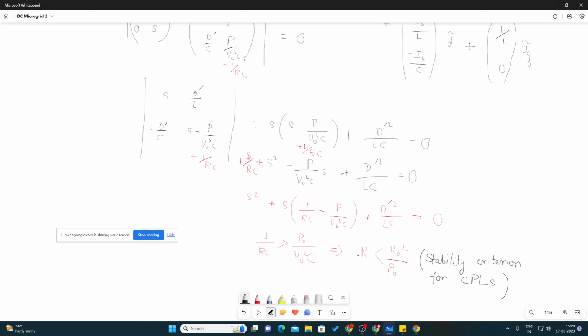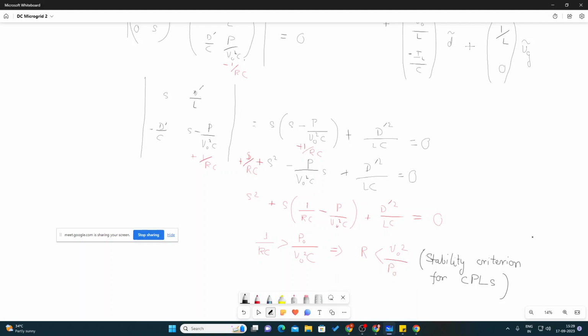So we require an additional resistance in the load, which is a constant resistance, and its value should be less than V naught square by P naught, which is the steady state resistance as observed from the converter of the constant power load. So R should be less than this resistance.